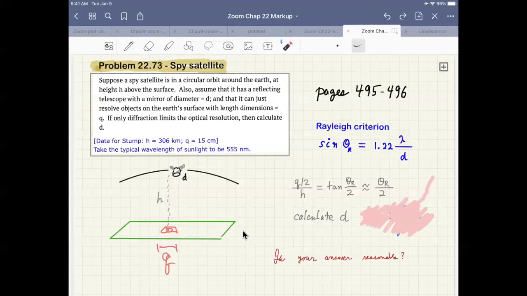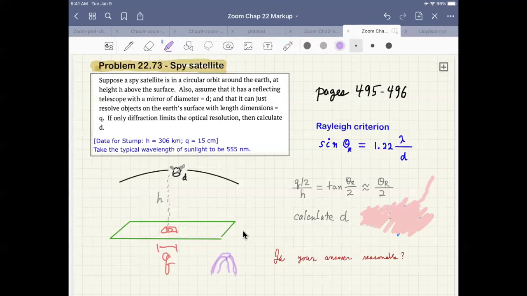You know, if one part of the object here makes an image like that, and the other side of the object makes an image like that, well, you can't really tell if that's one or two things.